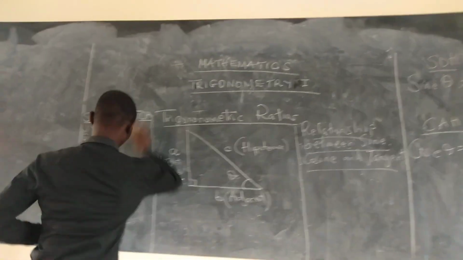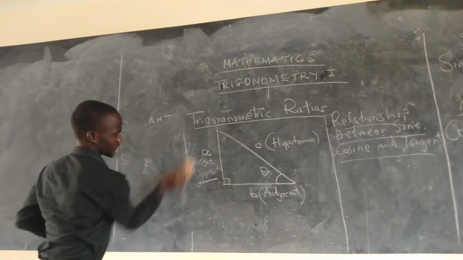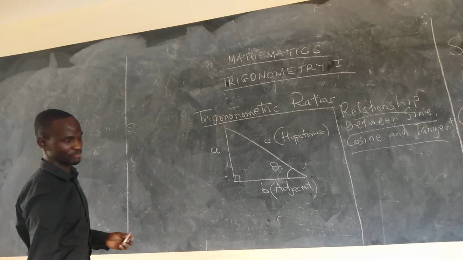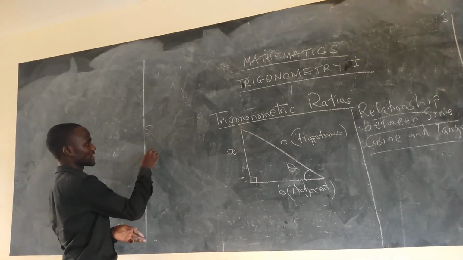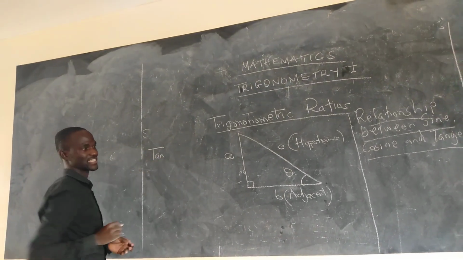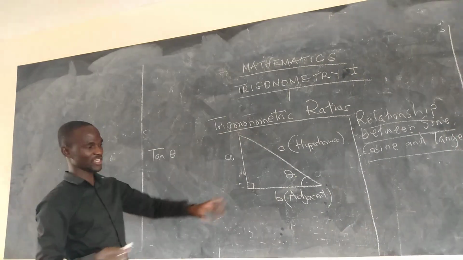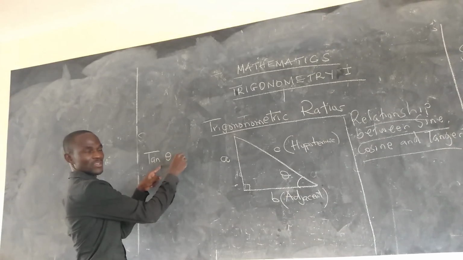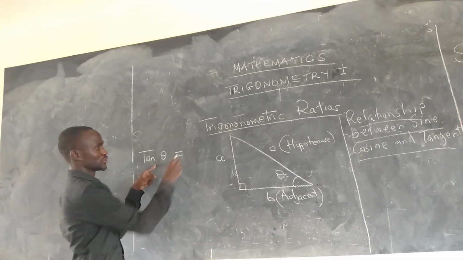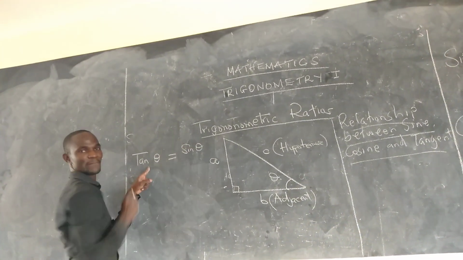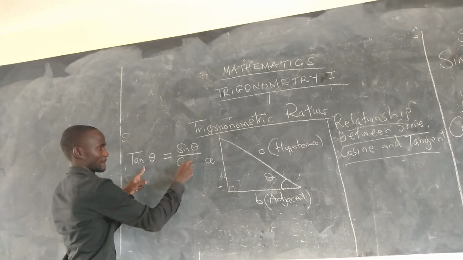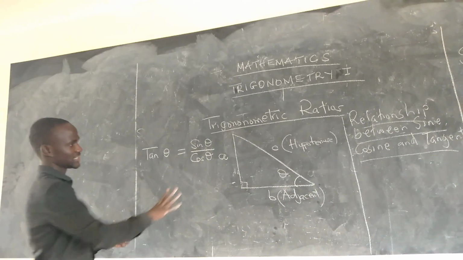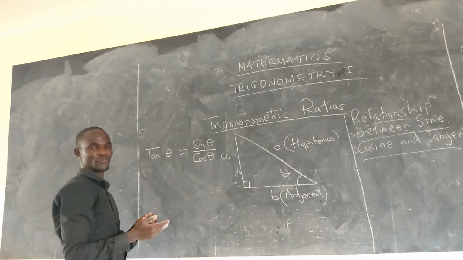Now, the relationship here follows that you take tan theta. We are still making reference to this triangle of ours. You take tan theta. Tan theta will be equal to sine theta over cos theta, and it just doesn't come from anywhere.